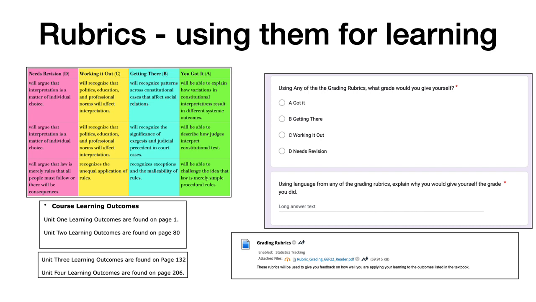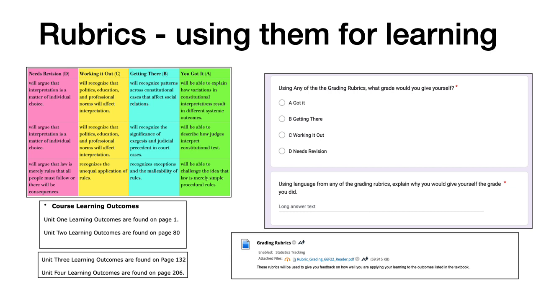I've taken the learning outcomes from these four different sections, these units, and broken them down using real student work over the years. I looked and saw, okay, what do B students tend to do for this learning outcome? What do D students, or students who are still struggling, tend to do for this other learning outcome?